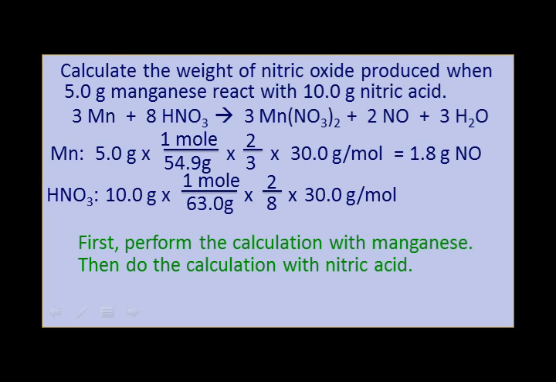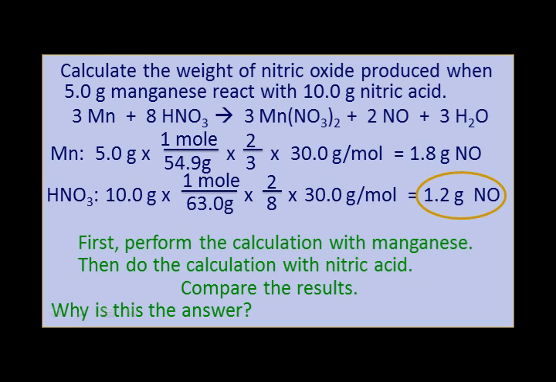And the molecular weight of the nitric oxide is 30 grams per mole. So if nitric acid is the thing we run out of first, do your calculation, then we would produce 1.2 grams of nitric oxide. Now, the answer is 1.2 grams of nitric oxide. Why? Why is this the answer?